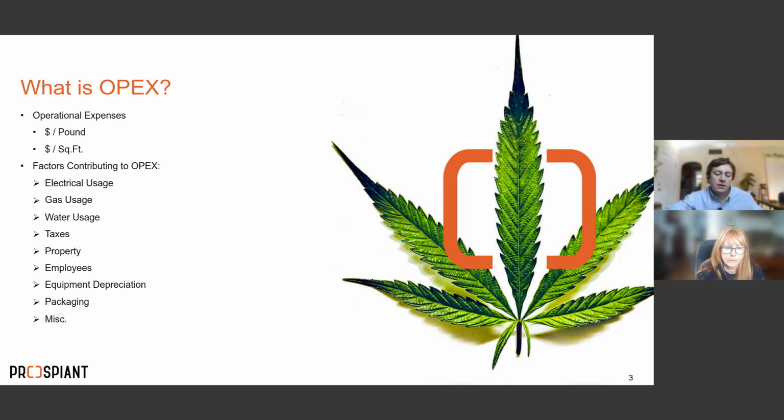And so what makes up OpEx? There are so many different things that can go into an OpEx expense. Three of the biggest ones are going to be your electrical usage, gas usage, and water usage. These are all very important to every single facility and make up a large portion of the overall OpEx expense, but can also be very location dependent. For electrical usage, you might be able to get 11 cents per kilowatt hour in Ohio, but then you go to New York City and it might be 19 or 20 cents per kilowatt hour.